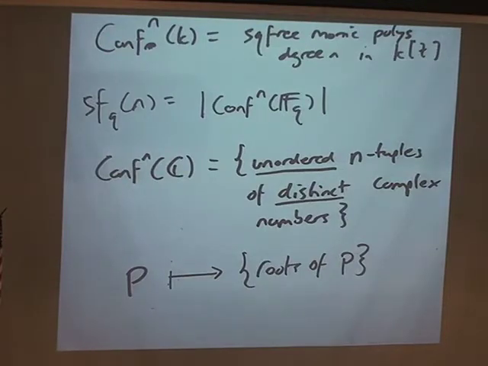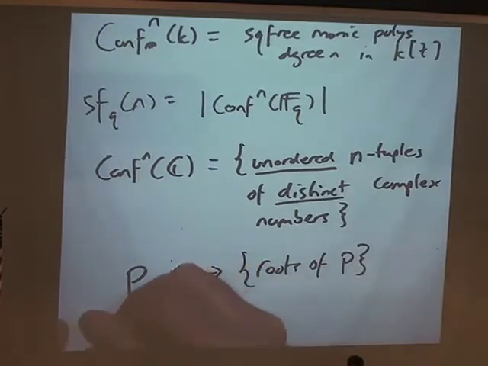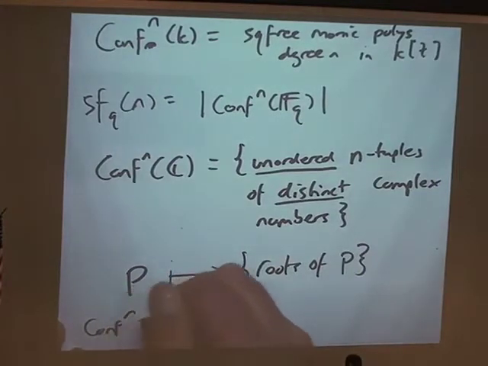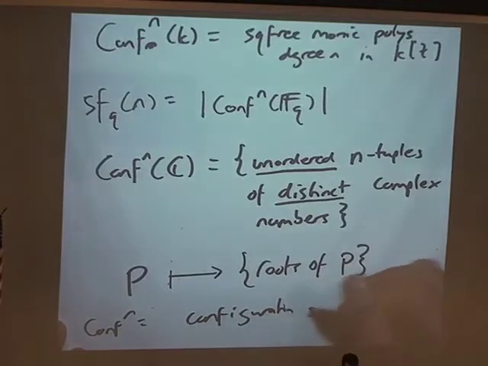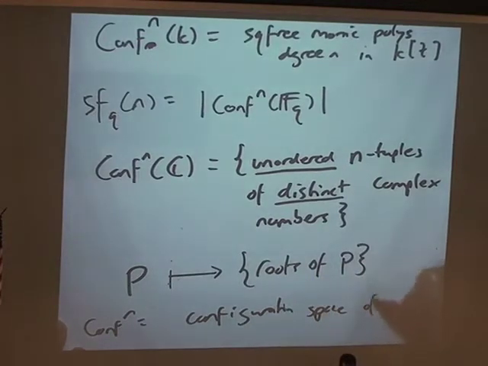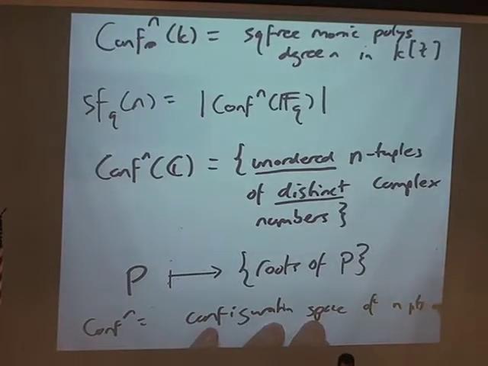That's just a term of art for endpoints that are required to be distinct. So another way to say it is Conf_n equals the configuration space of n points on C.